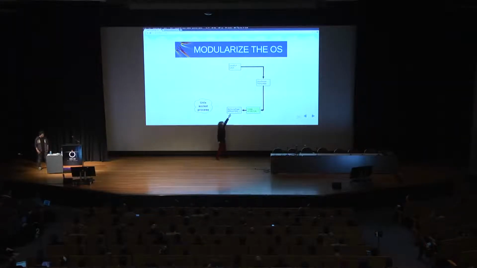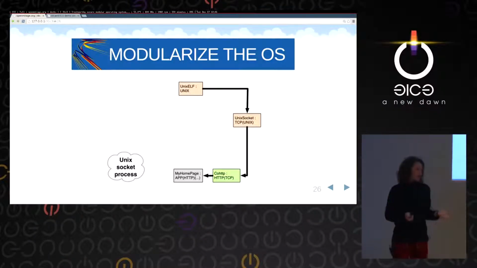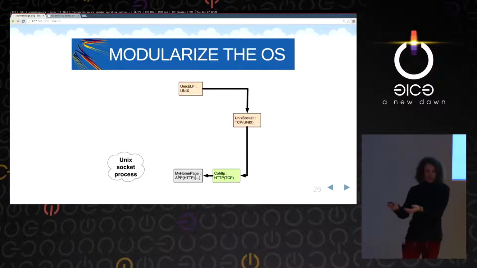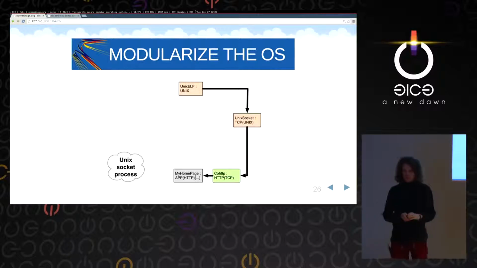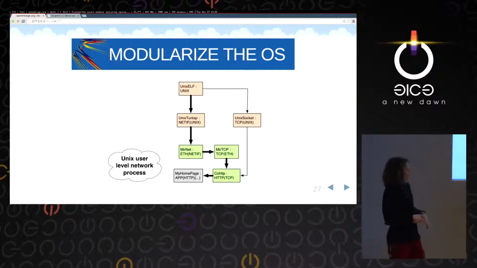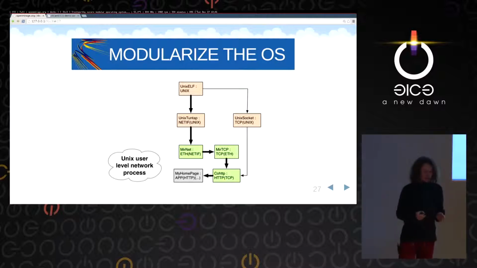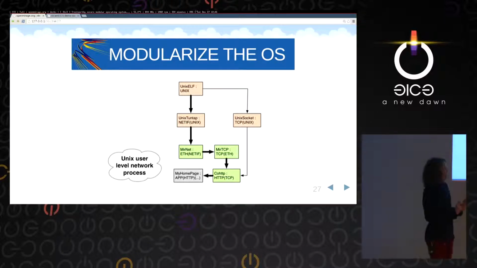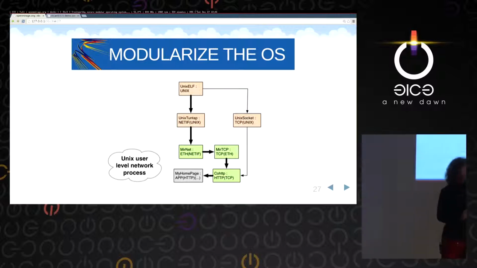My Homepage is the stuff I wrote, and then someone else has written an HTTP server called co-HTTP. I can just compile My Homepage with co-HTTP and run it as a Unix TCP/IP socket process, so as a Unix binary inside of an already existing 70s Unix system. A different compilation: I don't need to change any code here, I'm just using different modules.